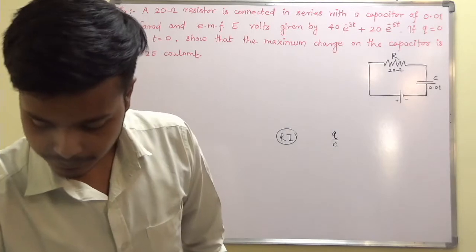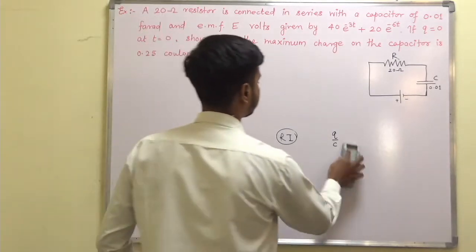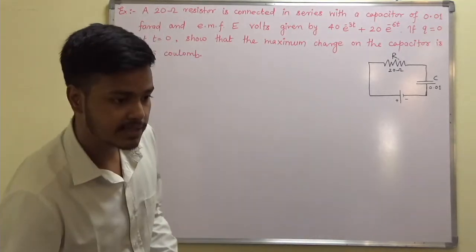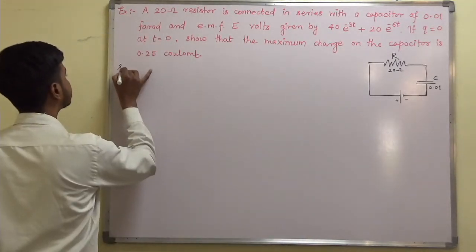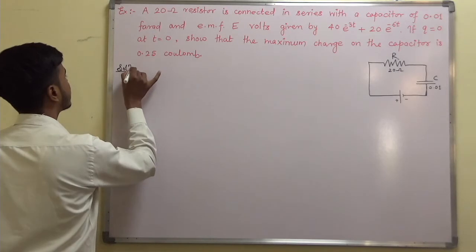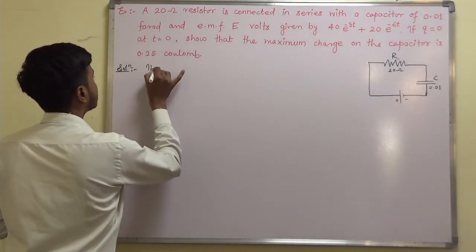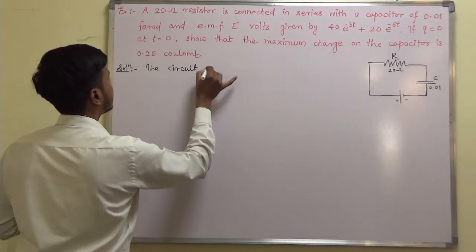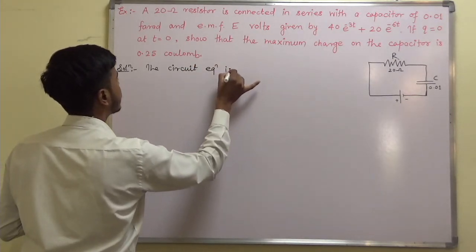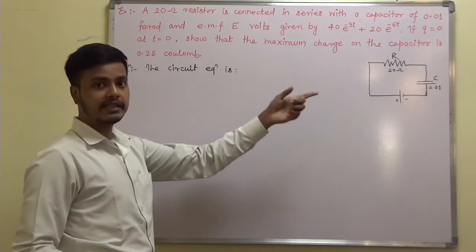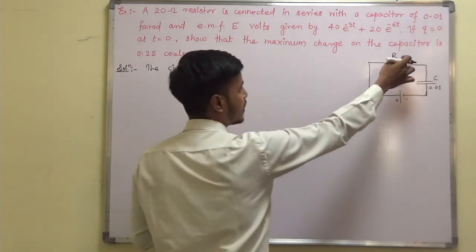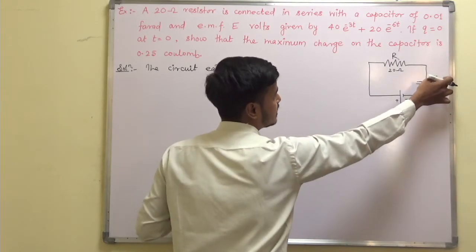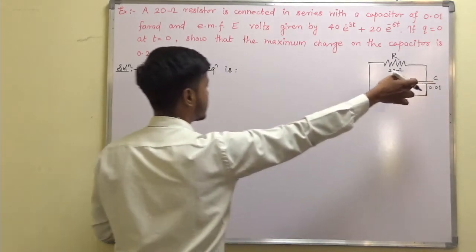So the circuit equation is: the resistor is connected with the capacitor, so the voltage drop across the resistor plus, because it is in series, the voltage drop across the capacitor.